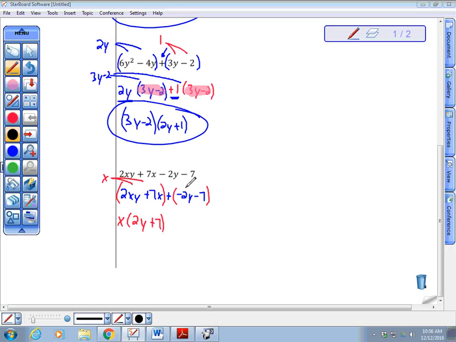And on this next one, looks like if I took out a negative 1, I'm going to be left with a 2y and a plus 7. Now again, you need the exact same thing in both parentheses, so you can GCF the 2y plus 7 out of both of them. So we're going to take a 2y plus 7, and what remains is an x and a minus 1.